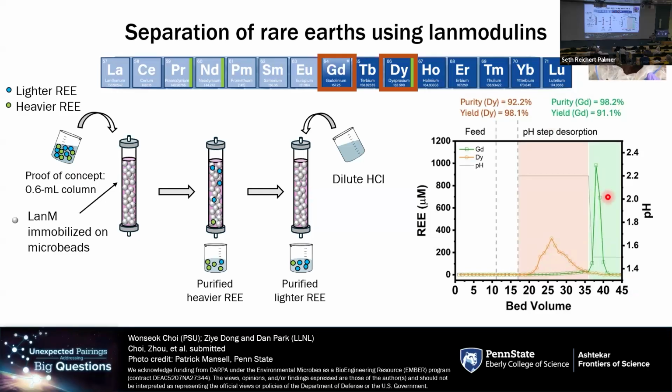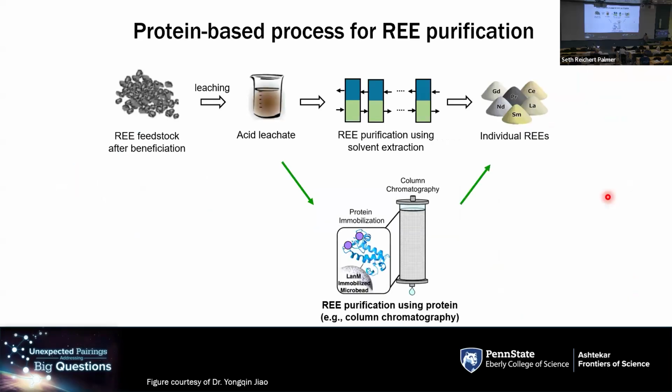So it turns out we can apply an even more complicated solution and get rare earths to 95% or greater purities from these experiments. So what we envision here is replacing the solvent extraction step with a purification step, a separation step that uses this protein in some way, perhaps including a column.